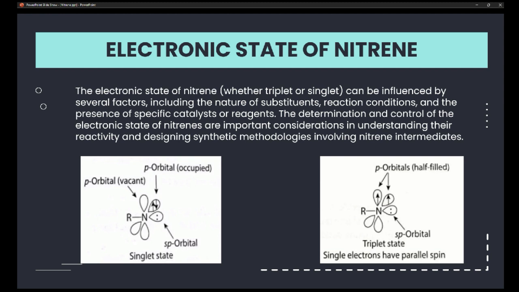Singlet state: sp orbital and one p orbital occupied, one p orbital vacant. In the triplet state, sp orbitals have lone pairs and p orbitals are half-filled.